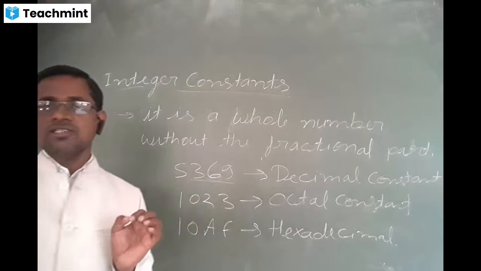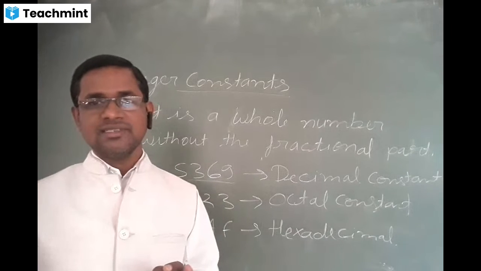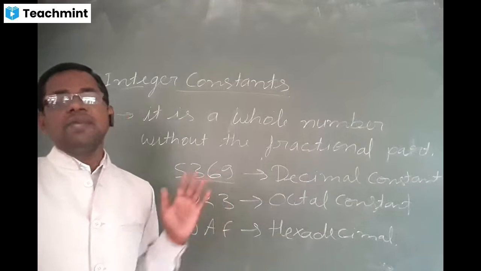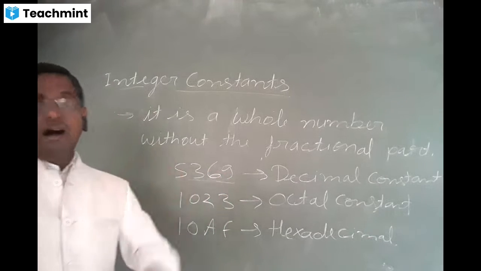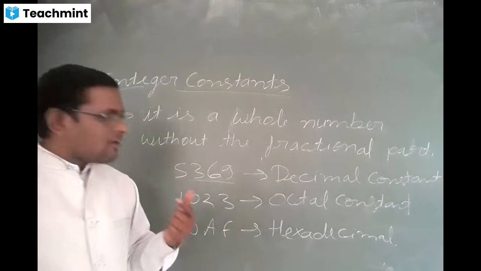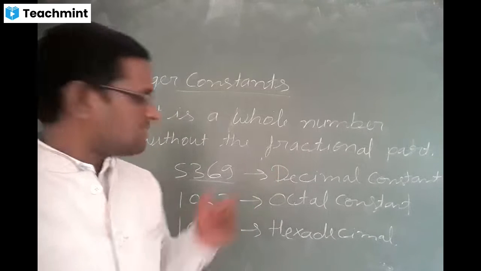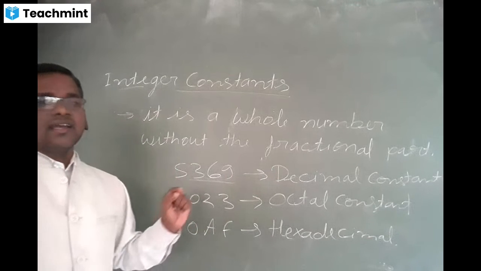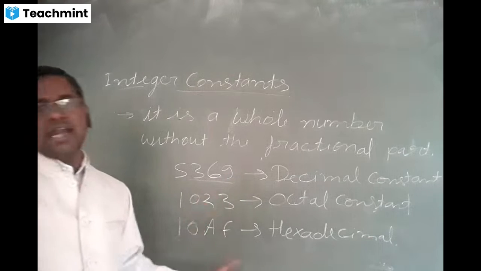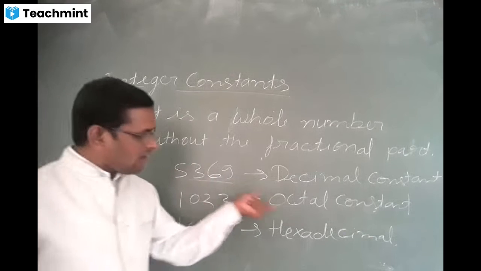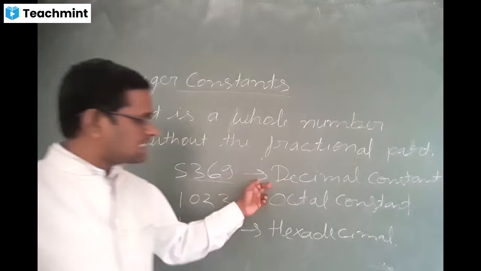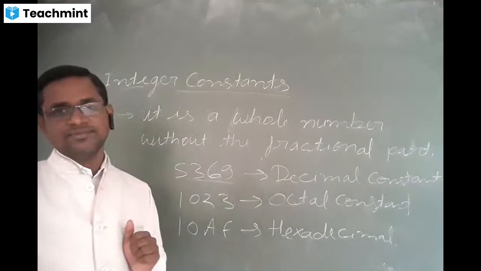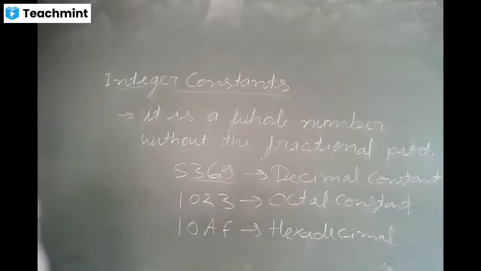So all decimal constants will be hexadecimal constants, but not all hexadecimal constants can be decimal constants. Similarly, all octal constants will be decimal and hexadecimal constants, but not all decimal and hexadecimal constants can be octal constants. So these are the differences between these three constants.